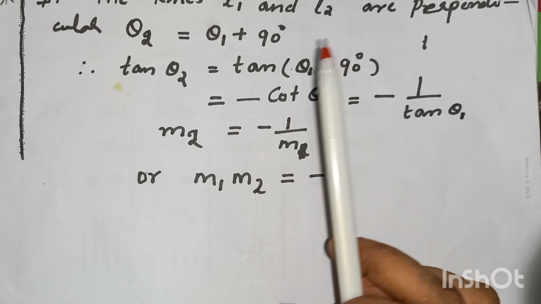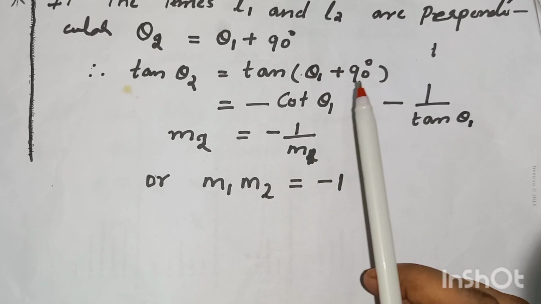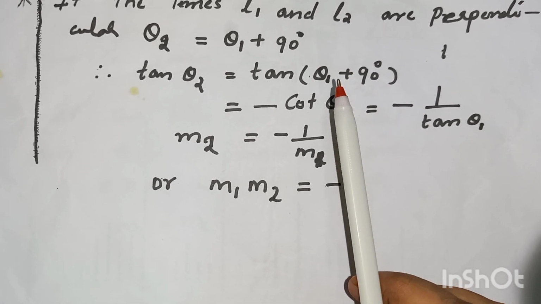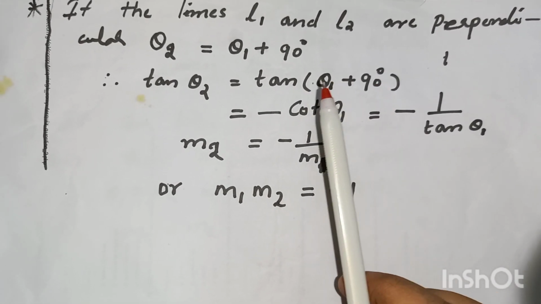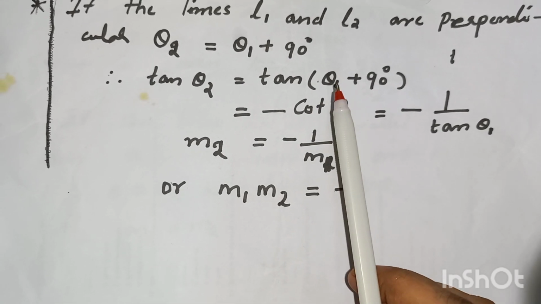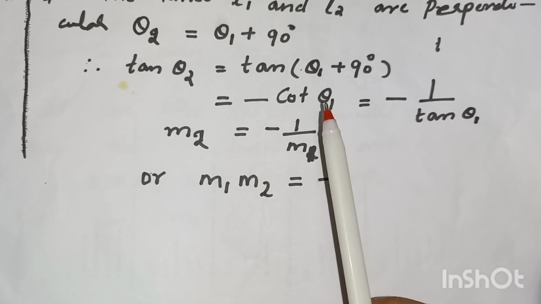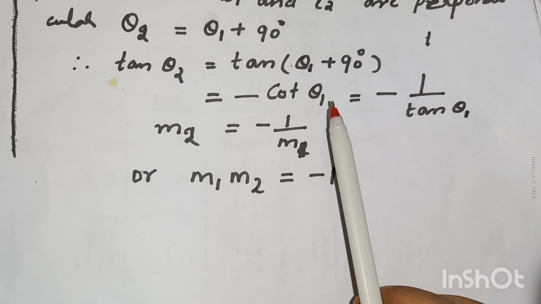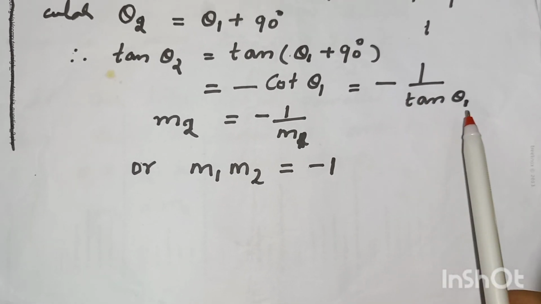You already know that tan of 90 plus theta comes in the second quadrant, and in the second quadrant tan is negative. So tan of 90 plus theta is minus cot theta, so we get minus cot theta 1, which is minus 1 by tan theta 1.